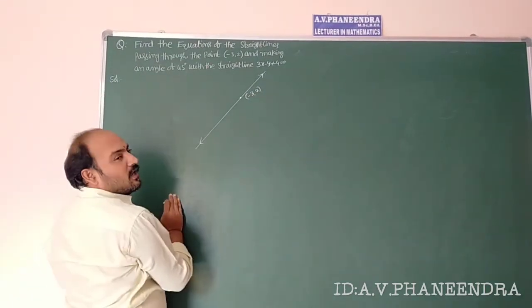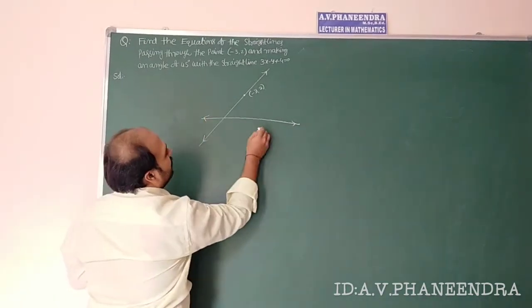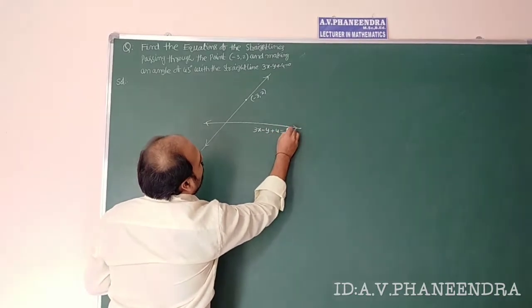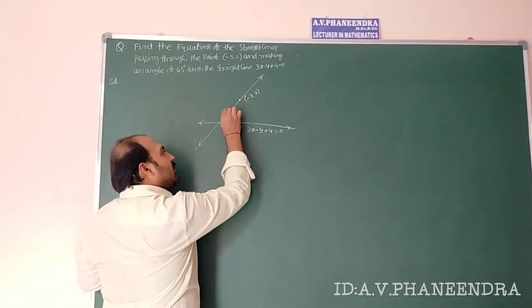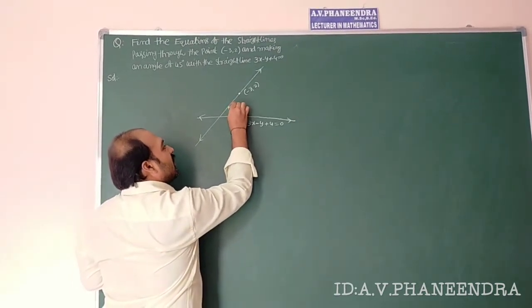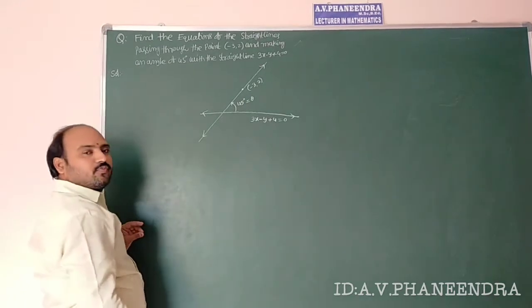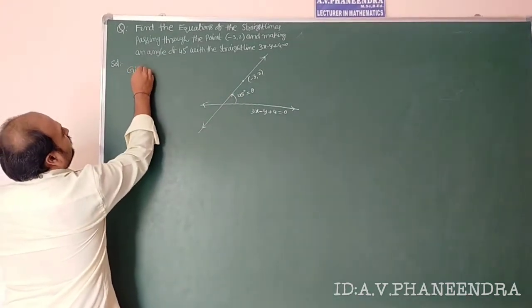And making an angle of 45 degrees with the line 3x - y + 4 = 0. I am assuming the angle between these two is given as 45 degrees, theta = 45. This is the first line, first given line.